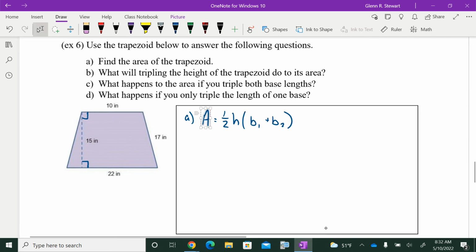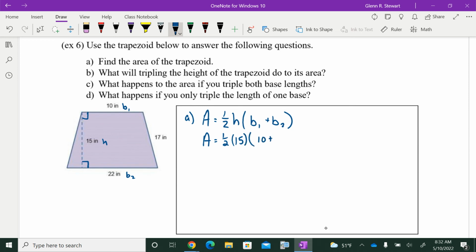So for instance, this would be B1 and this would be B2, and 15 would be your height. So now let's plug that into our equation. 1/2 15 times 10 plus 22. Always look for those 90-degree angles. That'll give you what your base and height are.